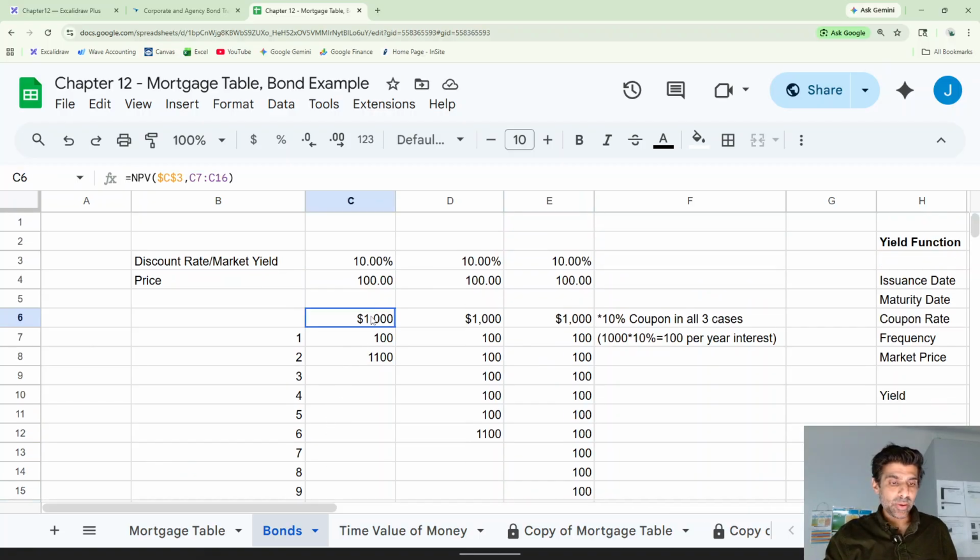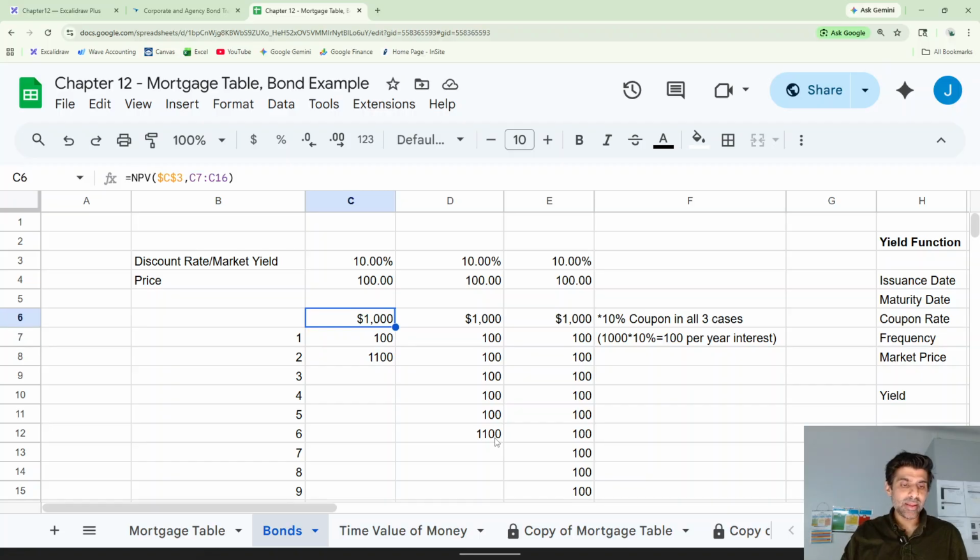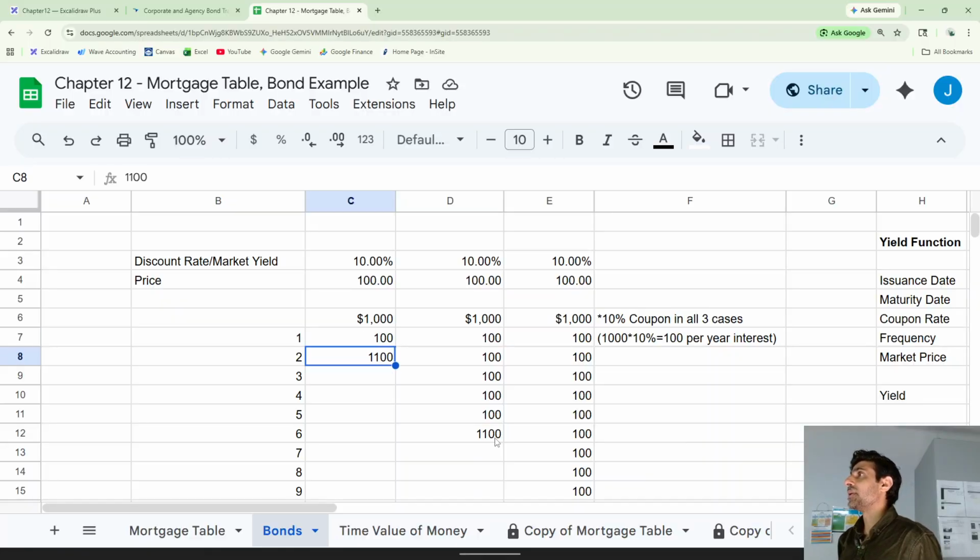Okay, so now let's look at what this is calculating. It's using this function NPV. At the end of the lecture, I'll talk about the details of this, but what it's doing is assessing, what is $100 in 1 year worth to me? What is $1,100 in 2 years worth to me?